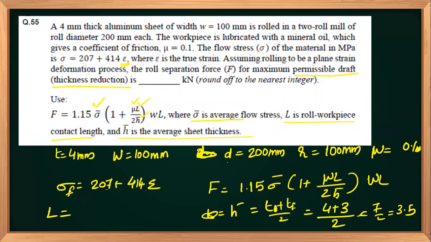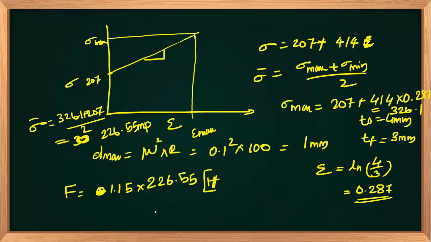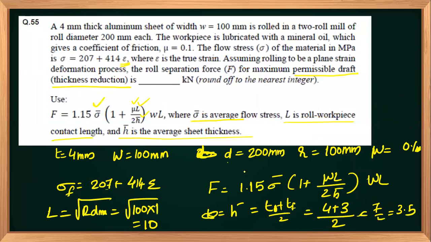Root of R times D max. You can say root of 100 into D max, which is 1, right? So root of 100 will be 10. Mu is 0.1, L is 10, divided by, what is the formula? L divided by 2H, H is 3.5, into W into L.